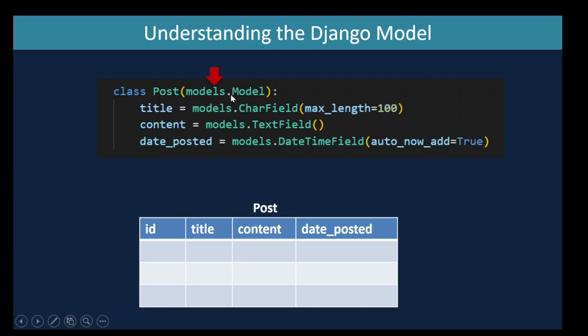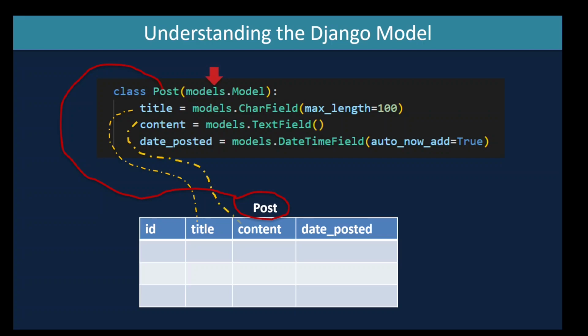As I mentioned before, a Python class represents a database table. So here Post is a class which defines a model, which is a table name in the database. Here title is an instance of this class which represents an attribute of the Post table.